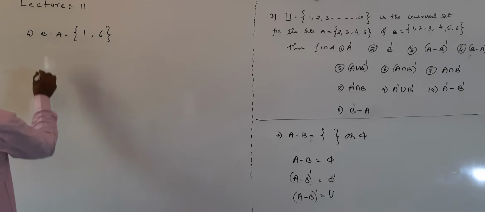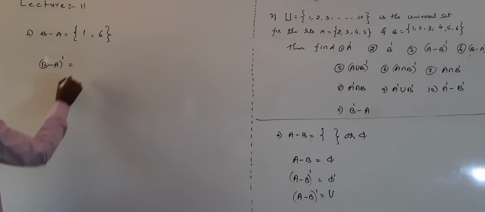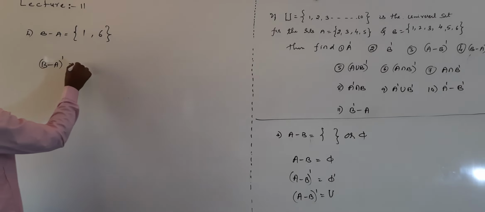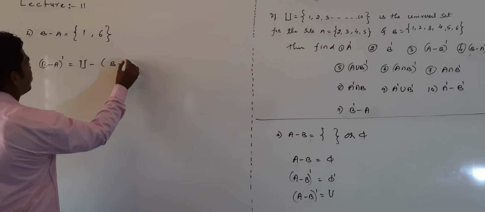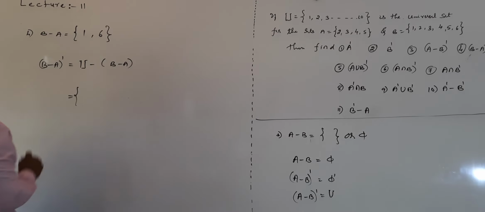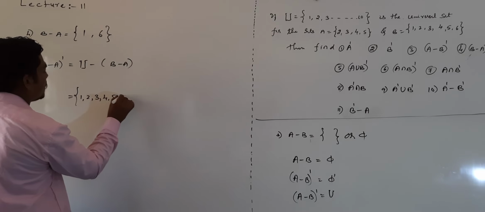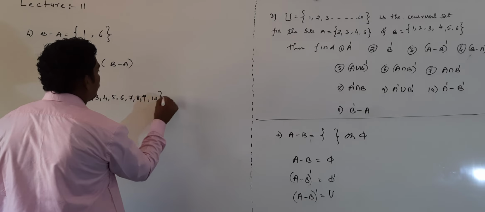After that we need the complement. B minus A whole complement is, by definition of complement, equal to U minus of B minus A. Just replace U. U is the universal set, 1, 2, 3, 4, 5, 6, 7, 8, 9, 10. Minus.